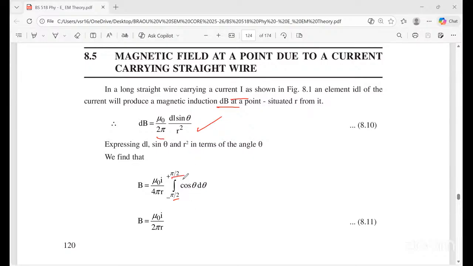This may be written like this. Okay, sin theta may be written as cos theta d theta. So by simplifying it, you may get this equation like this.